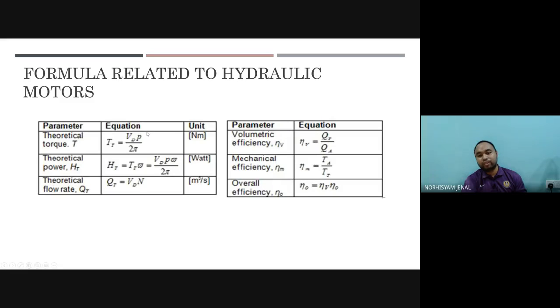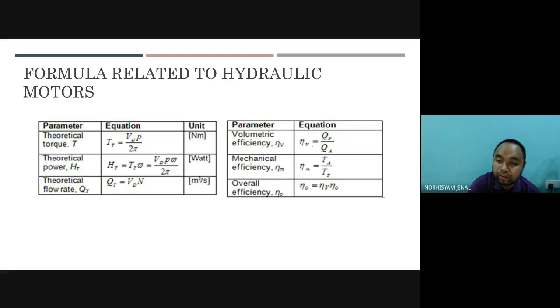Alright, so these are the formulas related to hydraulic motors. Sorry, the picture over here is a bit out of focus. Okay, this is the equation that is required for motors. It is the same as the pump except for one difference, which is here, in terms of volumetric efficiency.